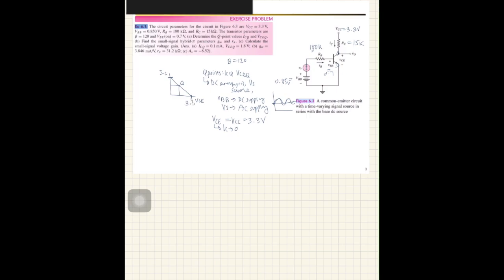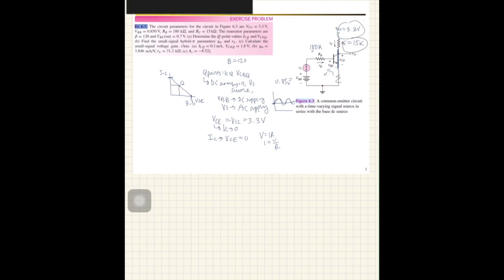Now the max current that can occur. It occurs when VCE is 0. So this is a short. So what happens when this is a short? Well, the max current would just be V equals IR, I equals V over R. This voltage over this resistor, because there's no resistor down here.